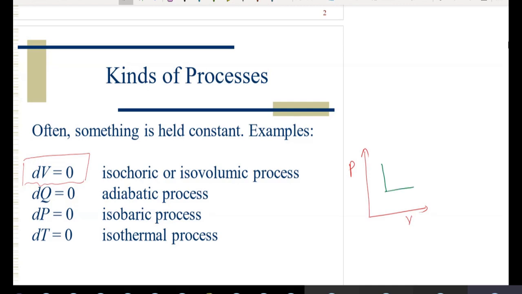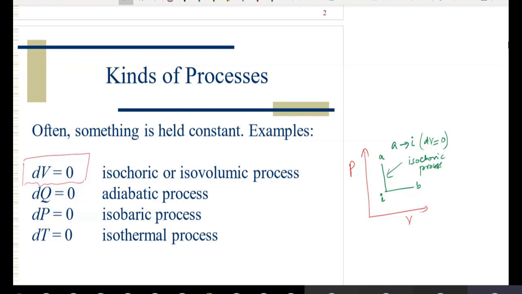The system went from point A to point B, and if you notice here, if you define a point, for example, a point I here in the middle of the graph, we will see that from A to I, the change in volume was 0. So this curve from A to I is an isochoric process curve.